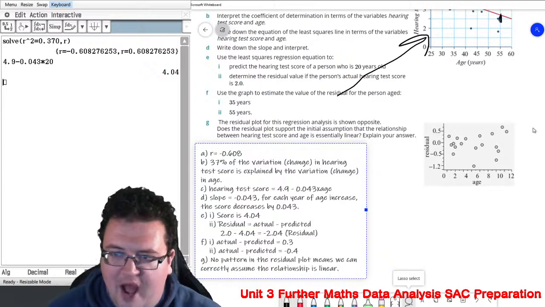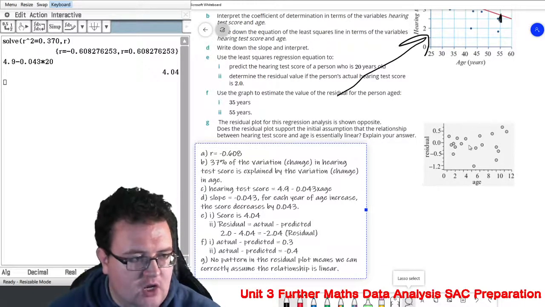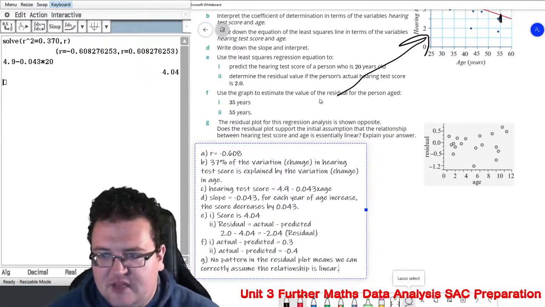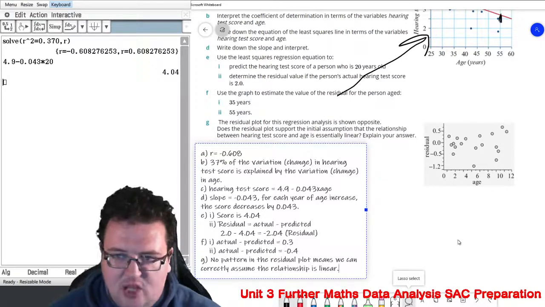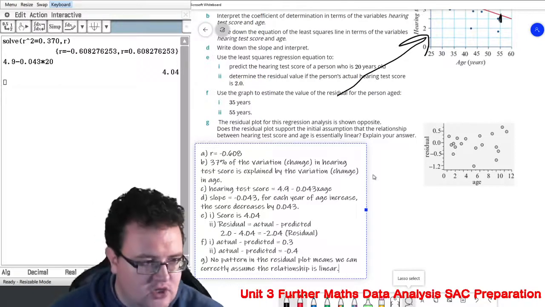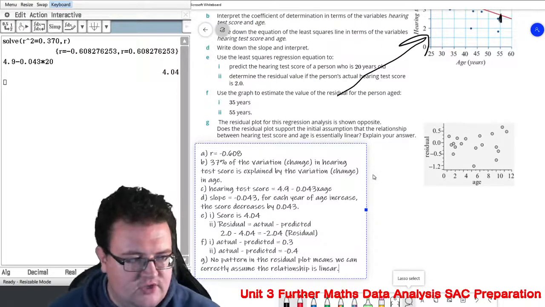There is no way that I could draw a straight line through any of this and get any sort of line that makes sense. Some things are way above, some things are way below, some things are on the line, other things are not. It just looks like a random mess of dots.